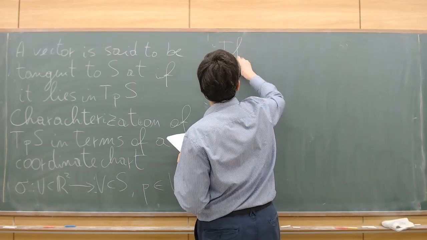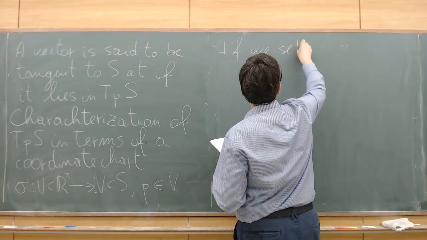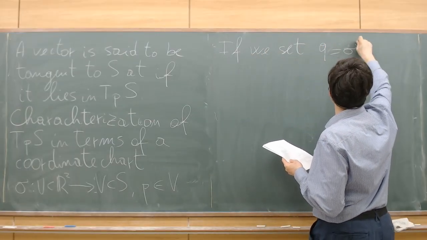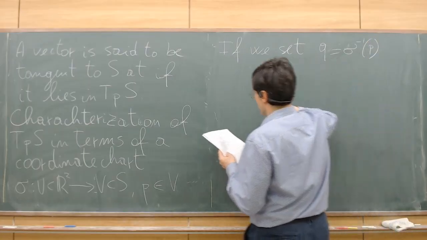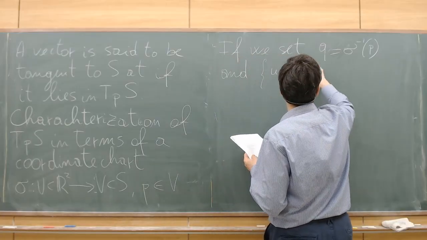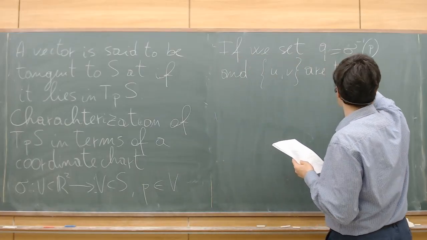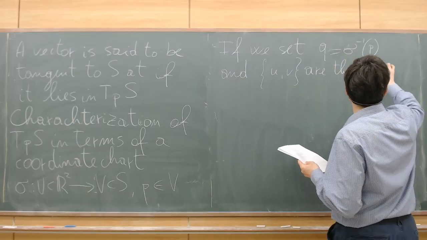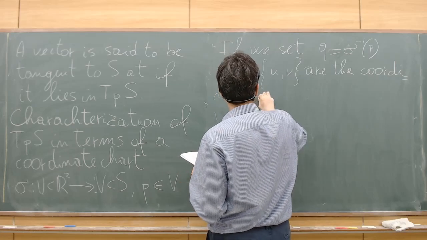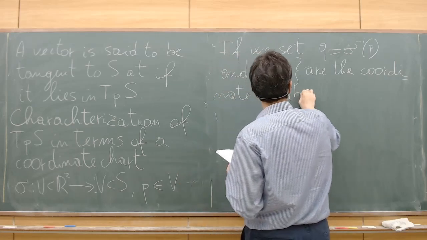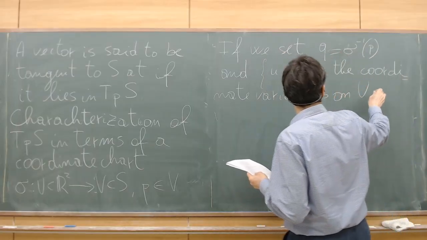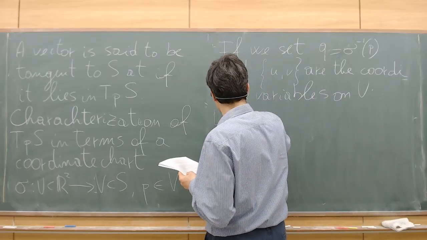If we set Q to be sigma inverse of P and U, V are the coordinate variables on U, then we have the following lemma.